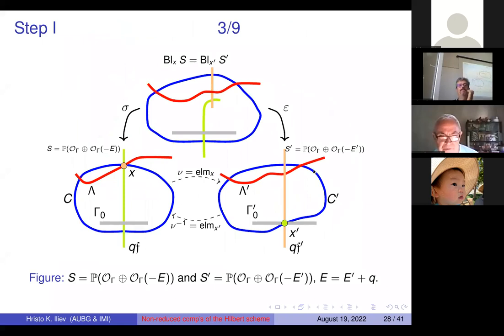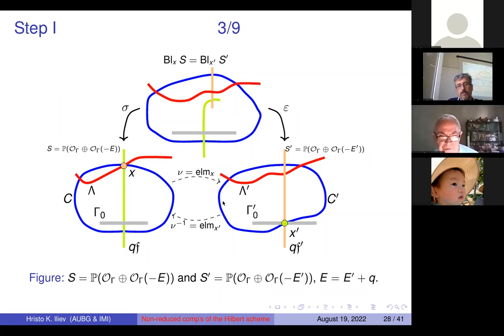Now, this curve that I have here is in the linear series 2 gamma naught plus 2 EF. And its image by what we have in theorem A is exactly cut on the cone F by a degree 2 hypersurface.